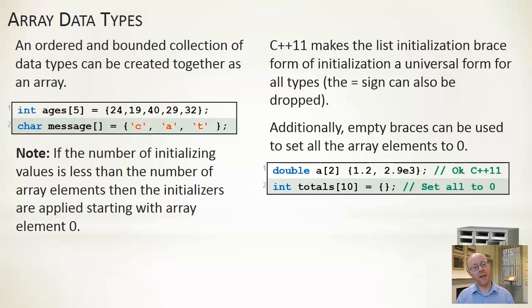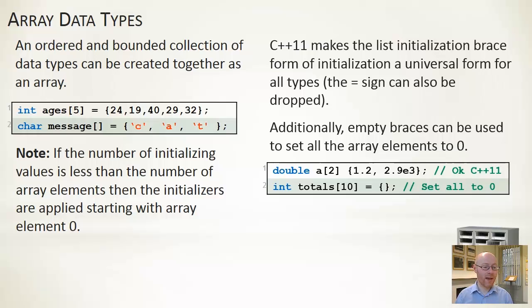You can see a couple of examples over here where we are initializing an array of ints and one of chars, and also a few examples where we are assigning values to it. In terms of how C++ works, there's a whole bunch of rules about how you can assign these things.